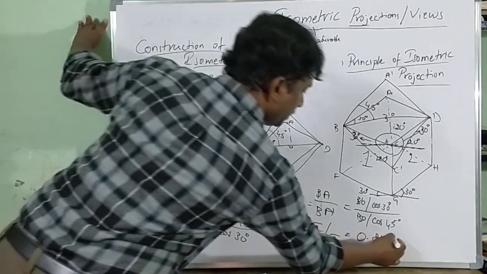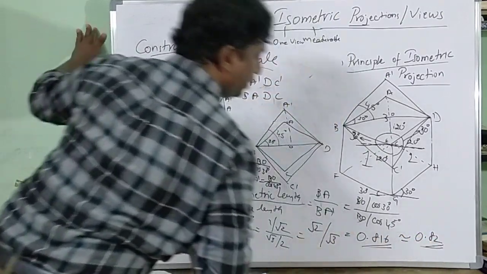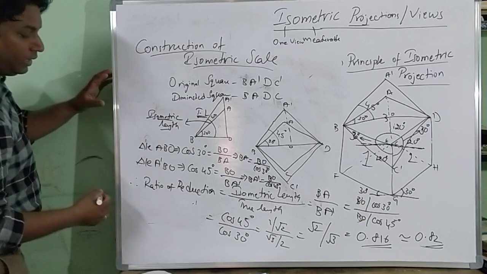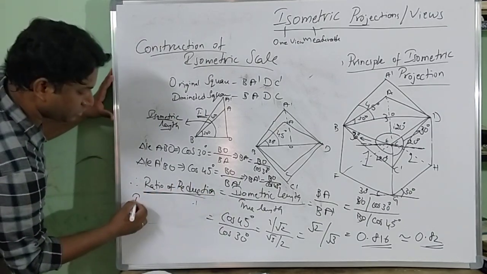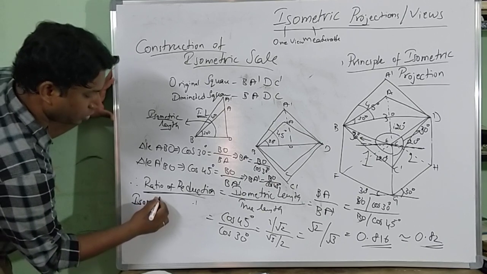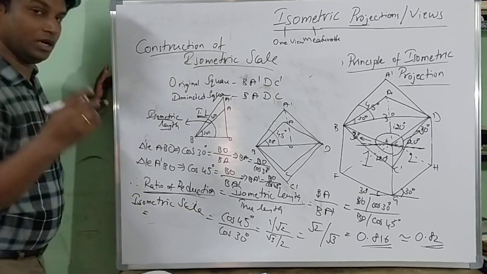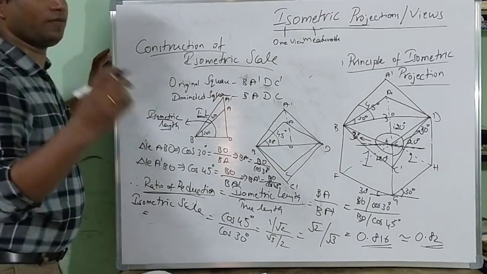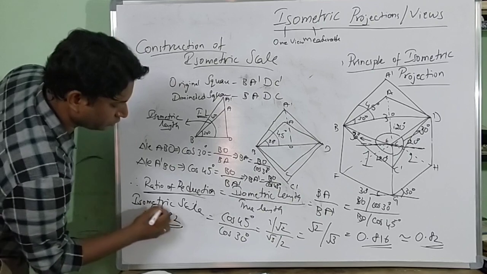Approximately you can take it as 0.82. So finally the ratio of reduction, which is called the isometric scale, will be a proportion with a value of approximately 0.82.